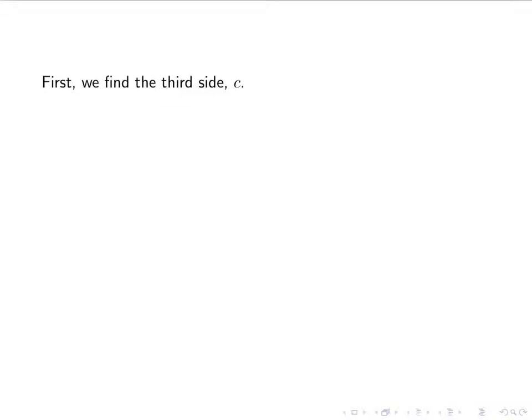Okay, so hopefully you have it written out next to you. The first thing we're going to do is find the third side, c. So we're going to use the law of cosines that involves the side we want on the left.